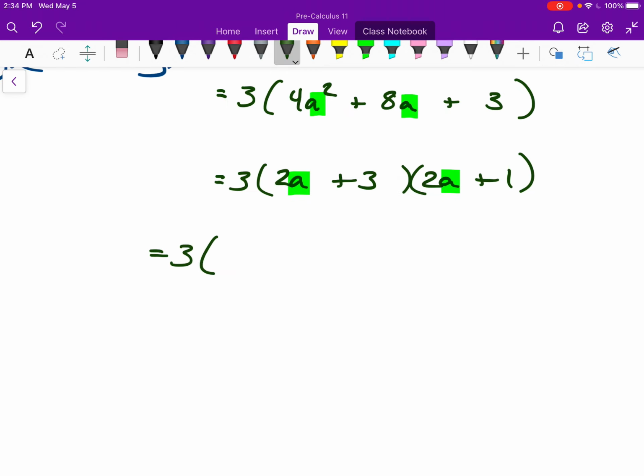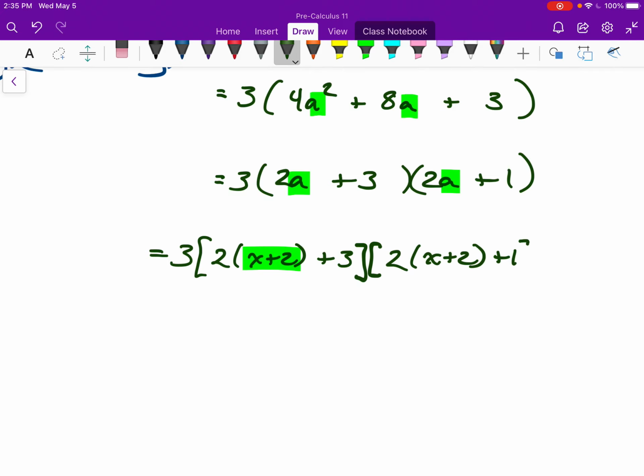So I have 3 times, actually, I'll put square brackets here, 2 times x plus 2, because again, I said right near the beginning that let's let a equal x plus 2, plus 3. And then 2 times again, x plus 2 plus 1.